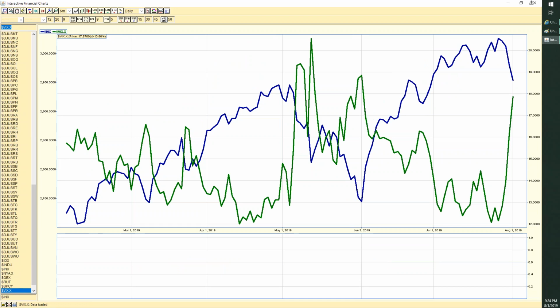As you can see, the implied volatility over the last month has been getting less and less. And then all of a sudden, in the last couple of days, with the S&P 500 dropping just a little bit, the implied volatility has jumped to the ceiling. Again, those are tradable opportunities, things that we want to pick up on.